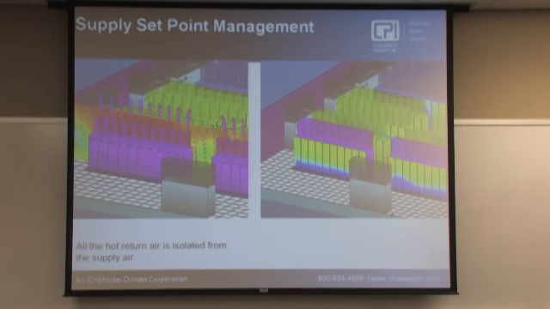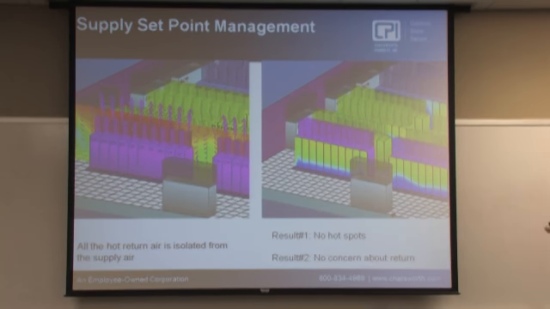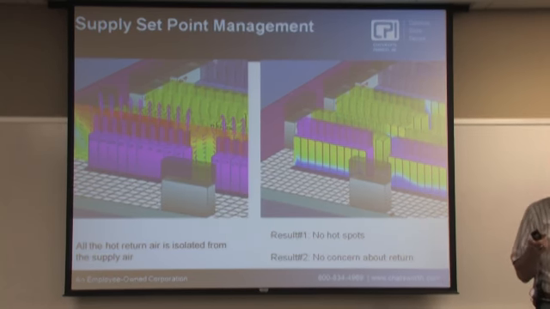So when we change what we're doing from a standard hot aisle, cold aisle data center to hot air containment, one way or another, we're isolating the supply air from the return air. We have no hot spots any place in the data center, and we don't really give a rip about the temperature of the return air anymore.